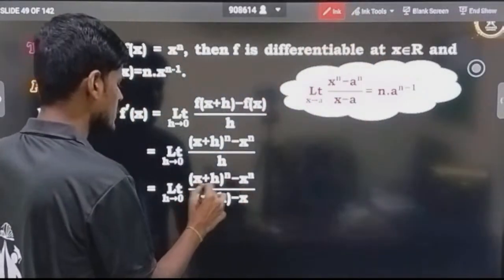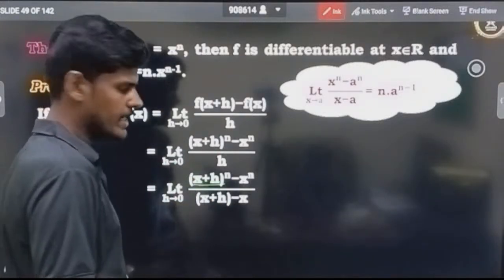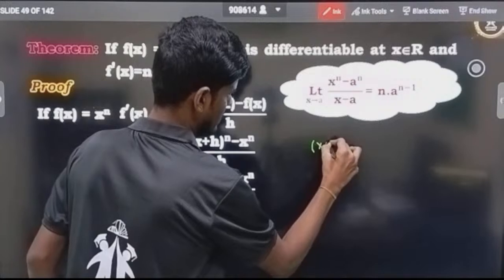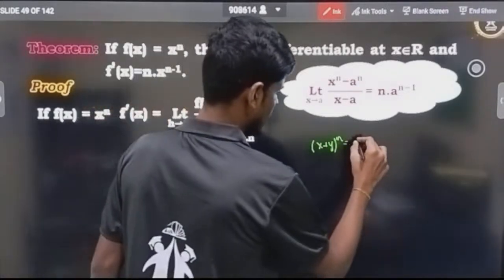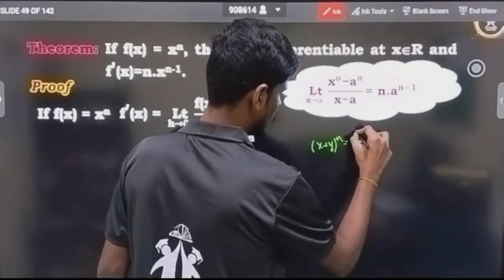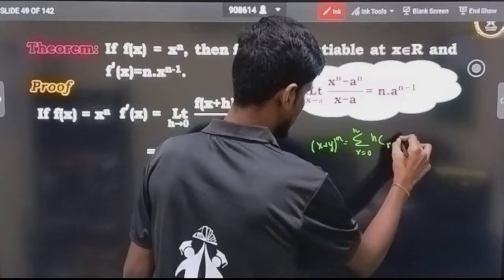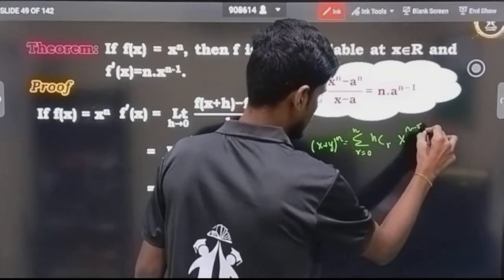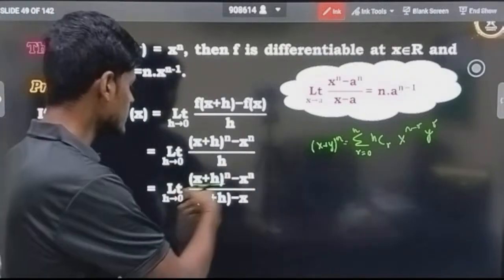So what is the expansion? x plus y whole power n is given by the summation r equal to 0 to n, nCr x power n minus r y power r. Now use this to expand.